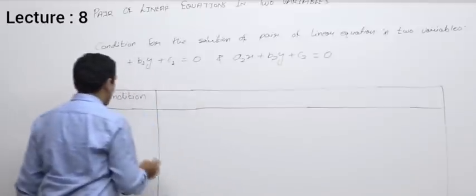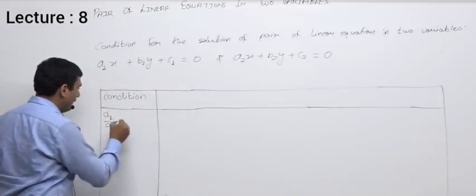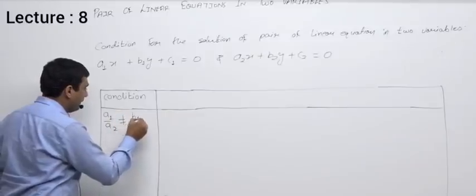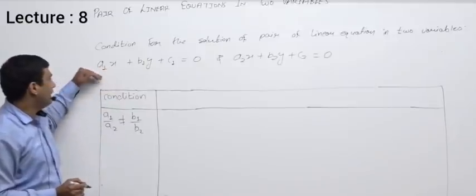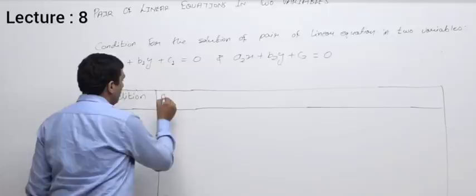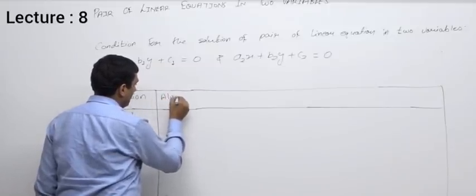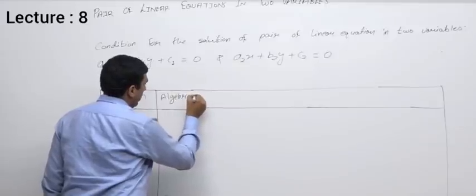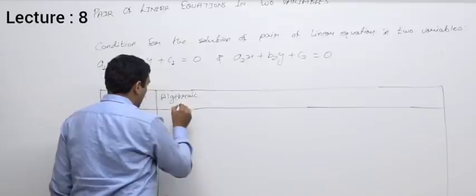Okay, so if we have the condition that a1 upon a2 is not equal to b1 upon b2, then which type of solution will we get? So first I will write the algebraic interpretation.